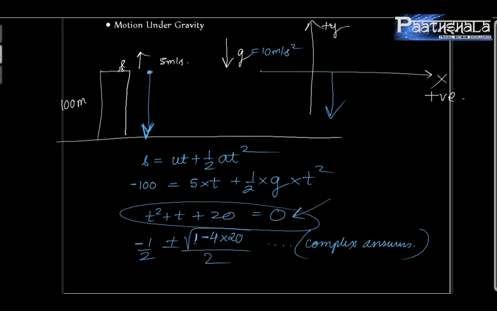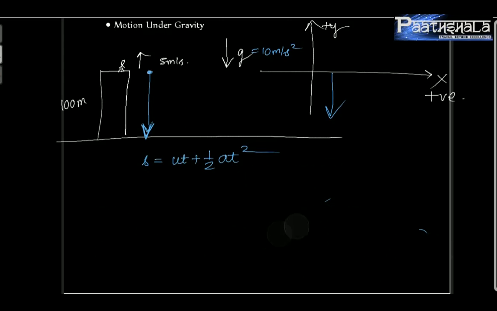Alright, is the equation correct? Okay, see here we have made a mistake. Let us solve this problem again, because we have made a silly mistake here. This is the equation that we are going to use, correct?